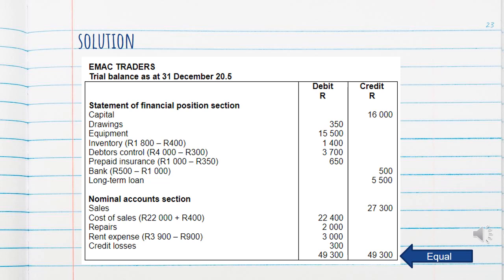And by making sure that your debits equal your credits, that means that you have done your double entry system correctly. I also do just want to put it out there that just because your trial balance does equal each other, so if you have a pre-adjustment trial balance that equals each other, that does not mean that the books are perfect and that you don't have to make adjustments.